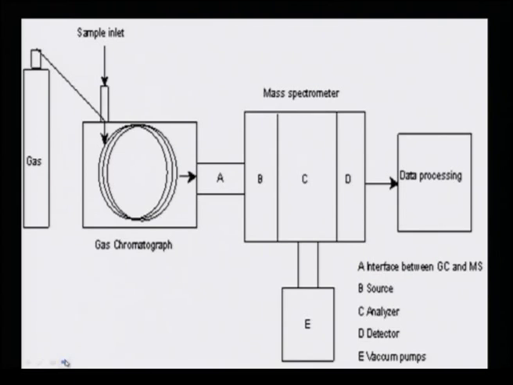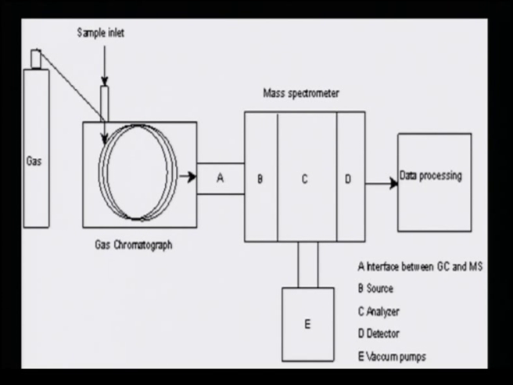There is a sample inlet passing through the column and then entering into the ionization chamber. So, you will see that A is the interface between the GC and the MS, and in the mass spectrometer there are three regions B, C, D.